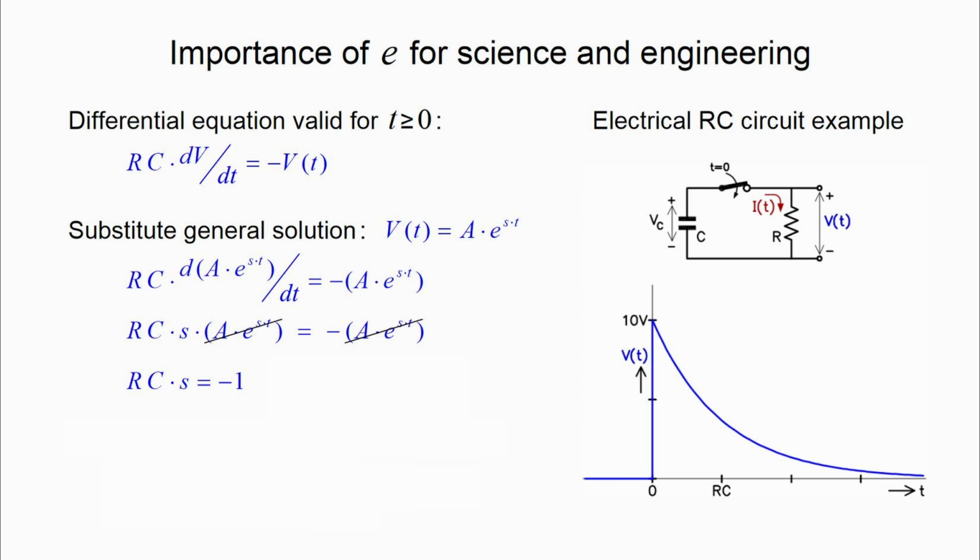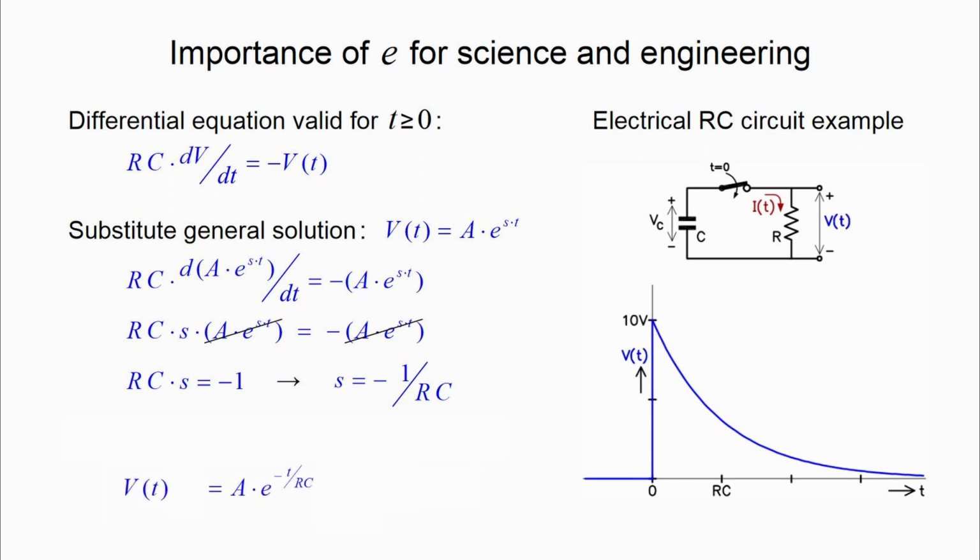From this characteristic equation, the value of s follows immediately. s equals minus 1 over RC. In this first order case, there's only one value for s, but in presence of higher order derivatives, the characteristic equation would become quadratic or even of higher order, leading to as many roots for s.